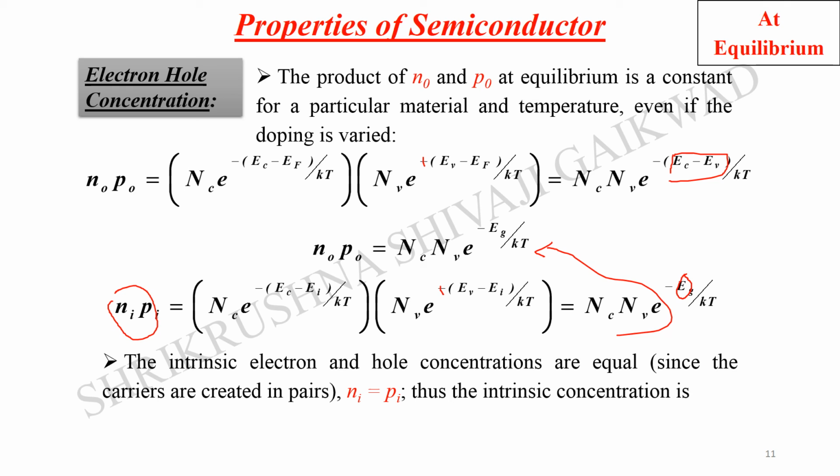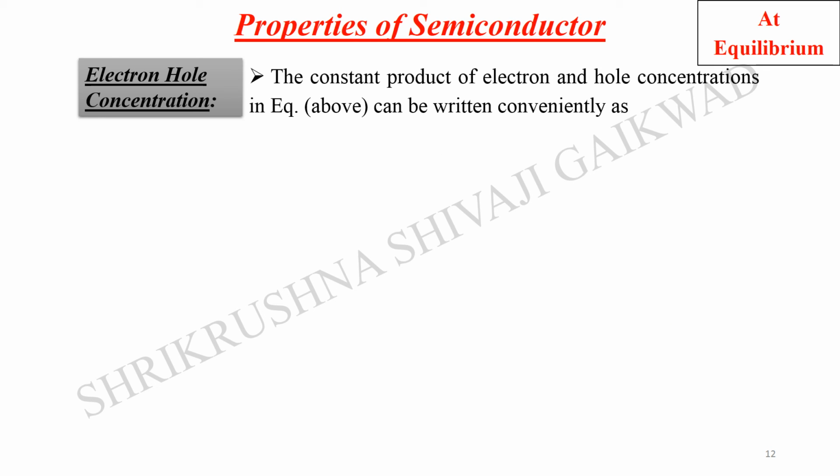The intrinsic electron and hole concentrations are equal since the carriers are created in pairs. So ni is equal to pi, and thus the intrinsic concentration is given as ni equals the square root of NC NV exp(-Eg/2kT). The constant product of the electron and hole concentrations can be written conveniently as n0 p0 equals ni squared.